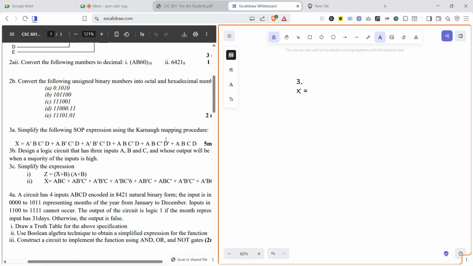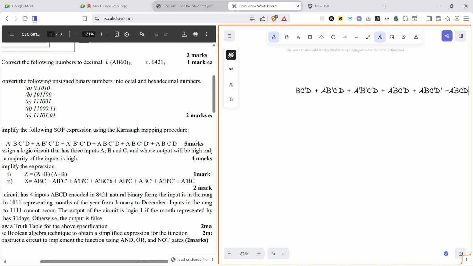So we have x equals A bar B C D plus A B bar C bar D, then plus A bar B bar C bar D, then plus A B C bar D, then plus A B C bar D bar, then plus A B C D. This is the expression that we want to use K-map to solve.